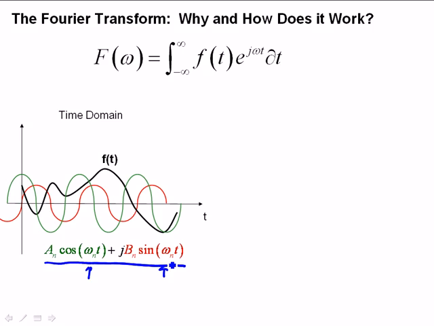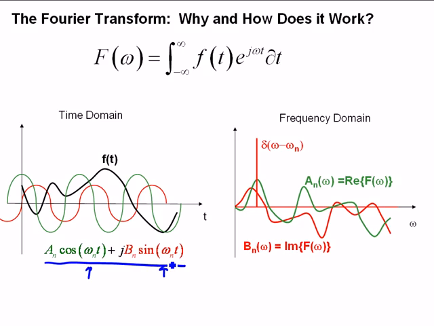So essentially the way we represent a function that's a sum of sine waves is not in the time domain. We don't put all these waves on top of one another. We simply plot the amplitude of the cosine term, or the real part, and the sine term, the imaginary part, as a function of omega. And this now is what we mean by representing a signal in the frequency domain.